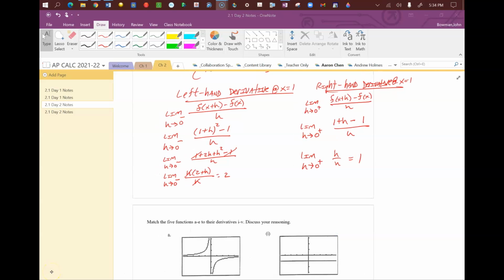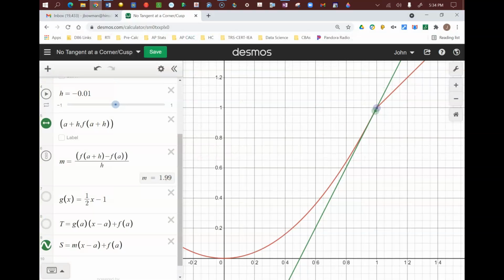I want to reiterate, we have to be able to do the algebra. We just did the algebra, but we also have to remember what we're seeing here. What we're seeing is that the slope of the tangent line is 2 when we approach x equal 1 from the left. The slope of the tangent line is different, or 1 in our example, as we approach from the right.